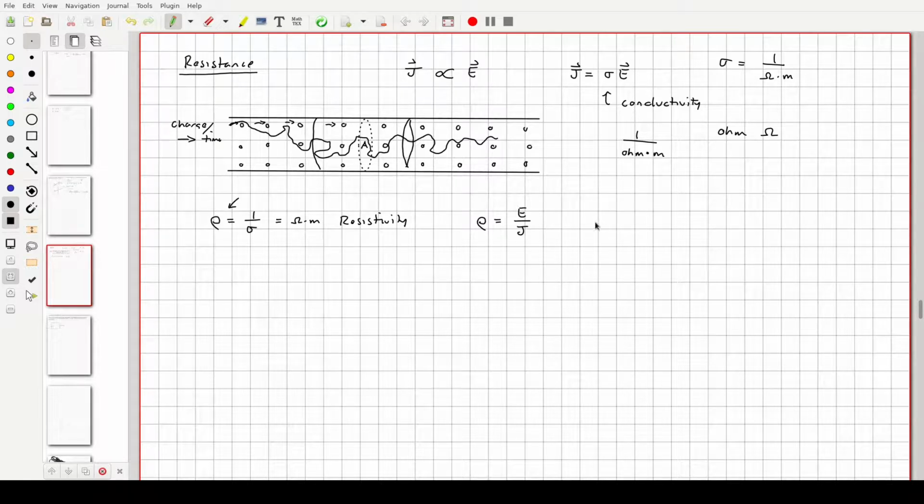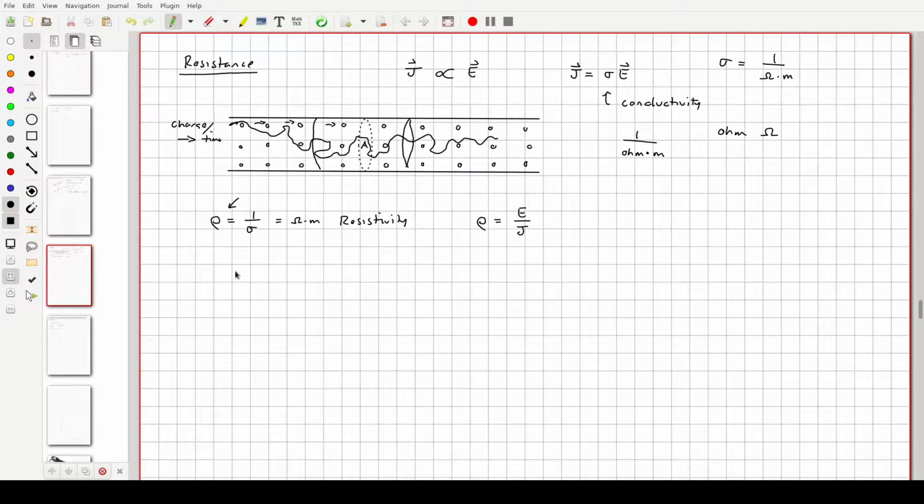What is directly useful to us is the fact that it takes work to move this through. We know the electrical analog of potential is voltage.